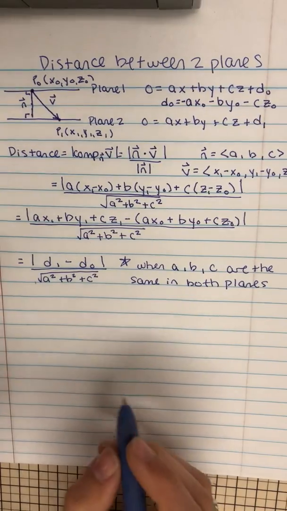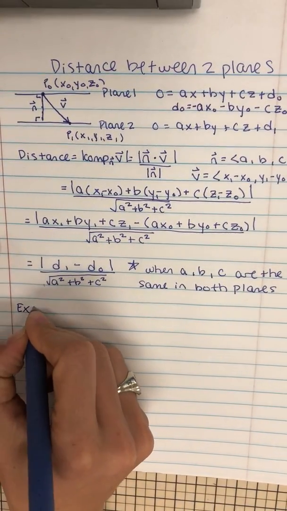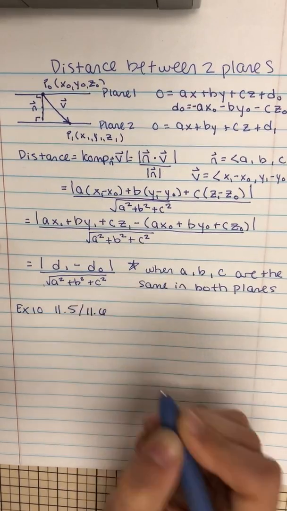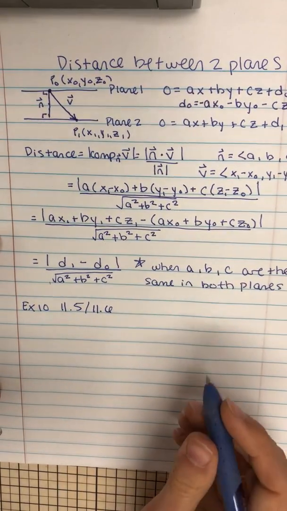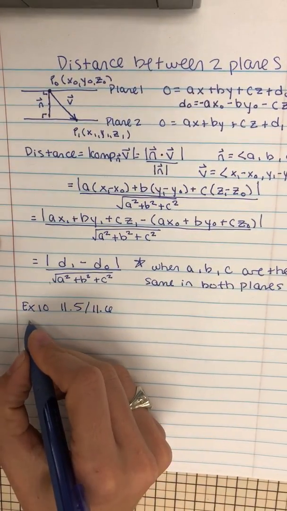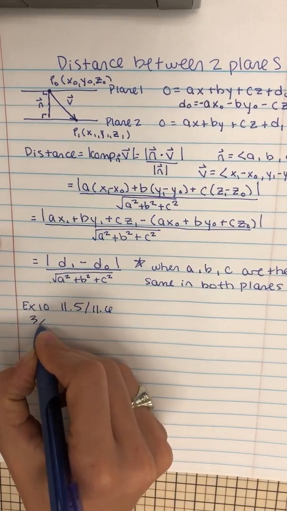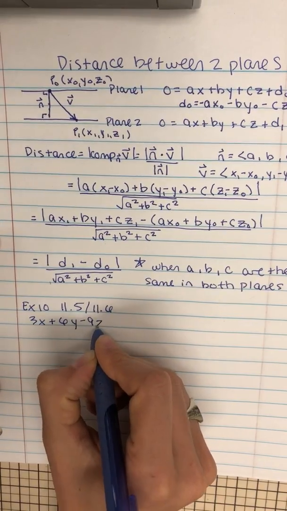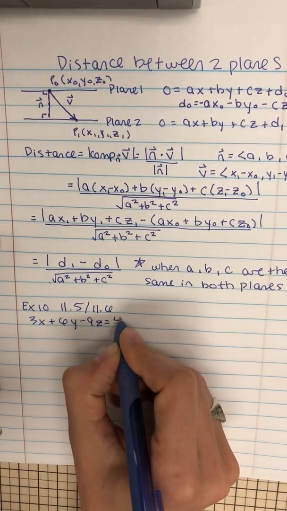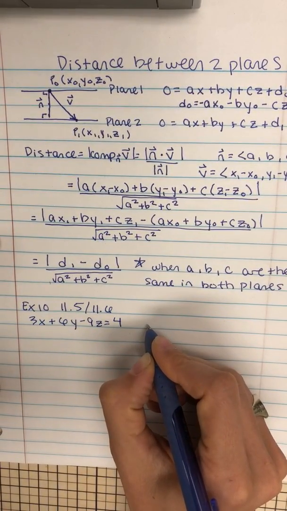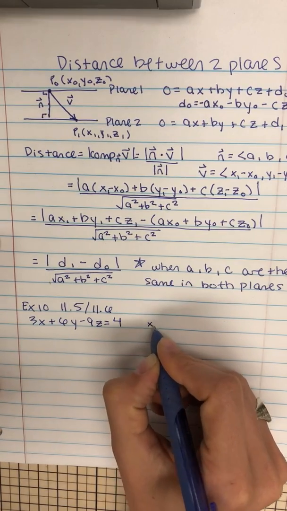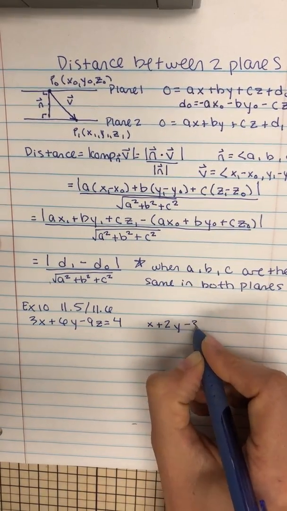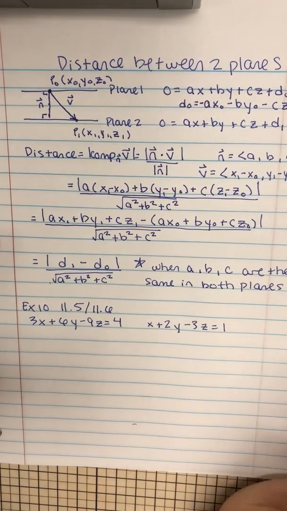So for example, in example 10 from the notes, from 11.5, 11.6, we asked you to find the distance given these parallel planes, 3x plus 6y minus 9z equals 4, and x plus 2y minus 3z equals 1.